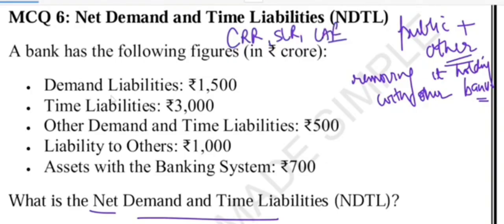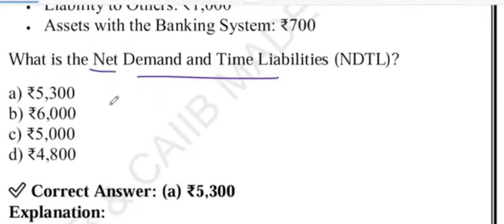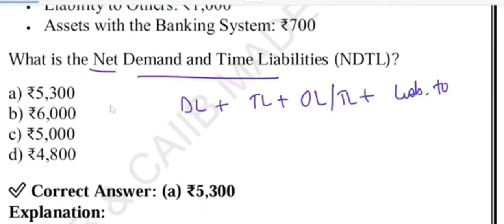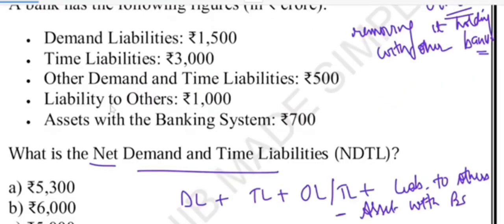So let's understand it step by step. What is the formula for NDTL? NDTL is demand liability plus time liability plus other demand and time liability plus liability to other, minus asset with the banking system. This is the formula for NDTL. So what is the demand liability?